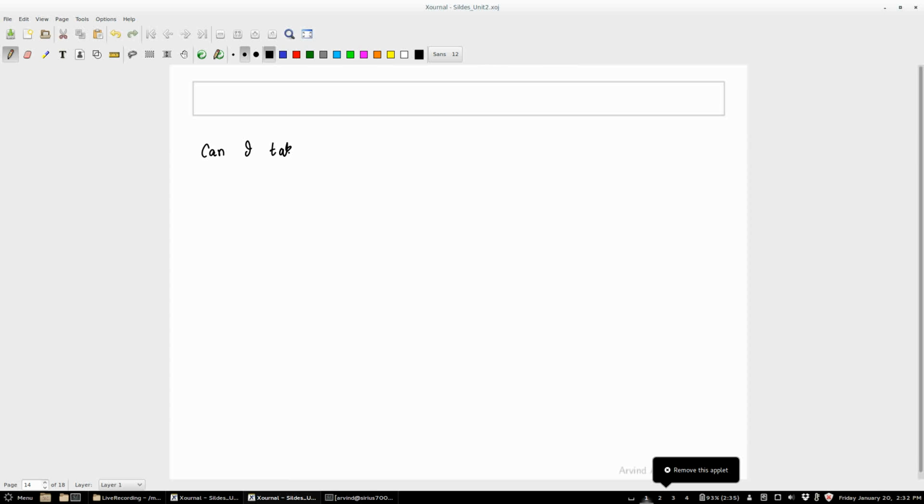Okay. The following question: can I take an ideal voltage controlled voltage source and convert it into an ideal current controlled current source? Think about that. The question I am asking is, can I take a voltage source and present it as an ideal current controlled current source?